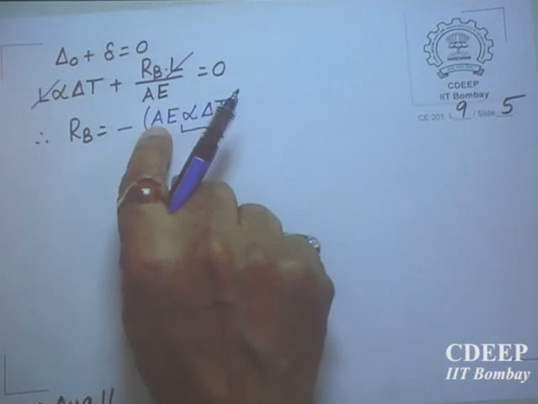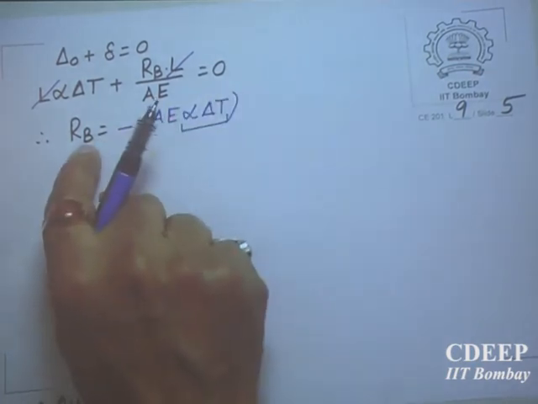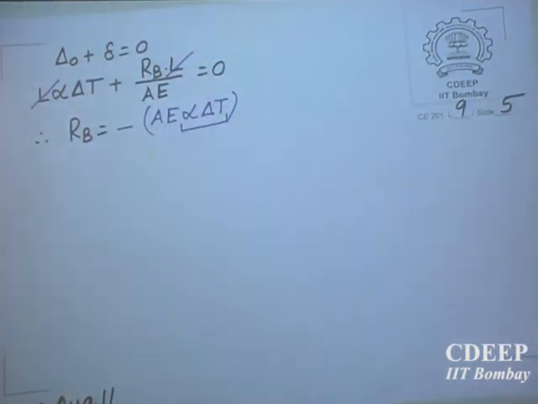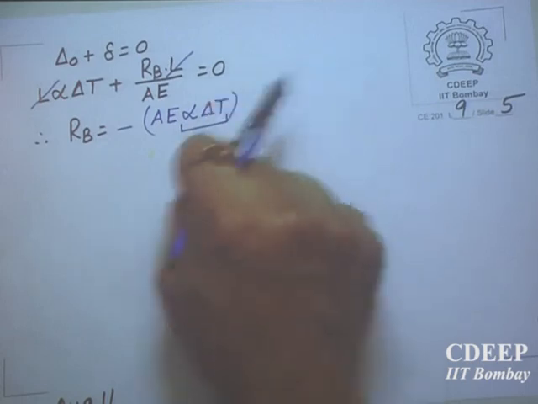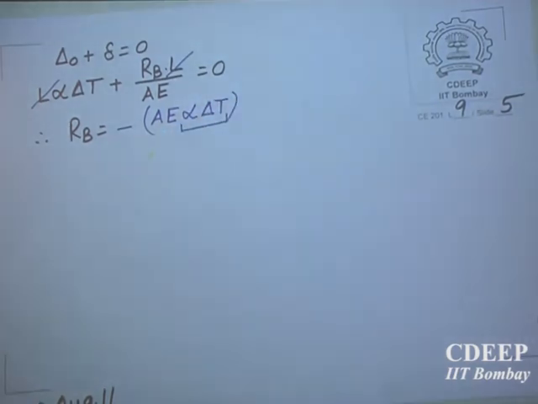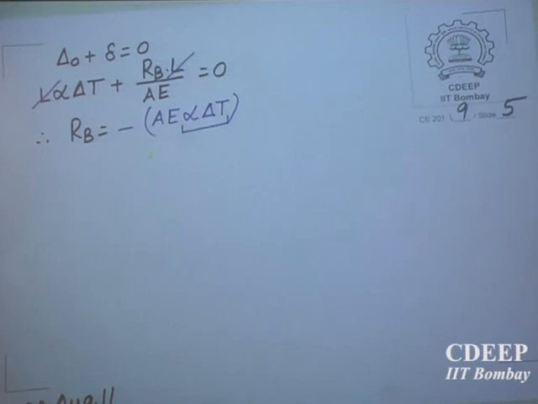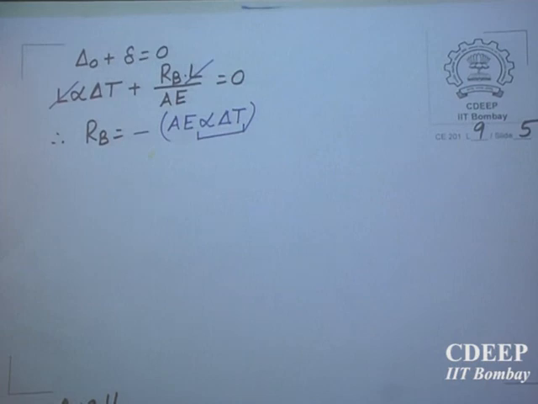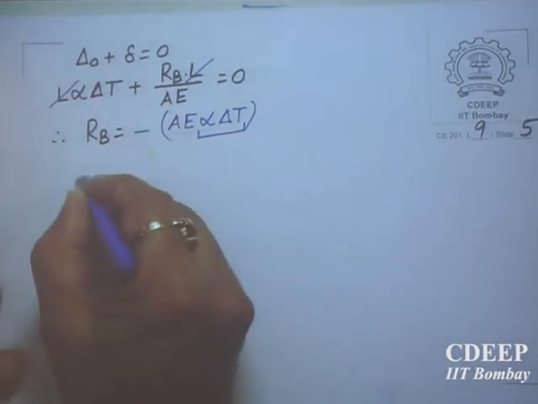Stress multiplied by A is force, so this is force. So please check, don't write anything and then say, no sir, I have made a mistake, sir. I just forgot to write alpha or E. This is how you come and explain. No, it is your job to check the dimensions. So RB is so many Newton, so many kilonewton, or so many Pascal. So this one, RB, you have got. Once you have got RB, the problem is solved.